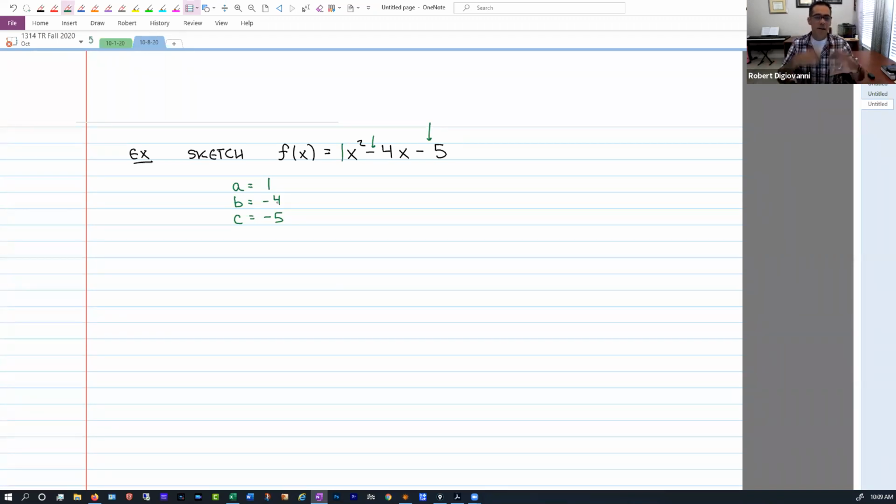Now we need a process. Okay, we need a set of steps to follow in order to get this sketch going. All right. So here are the steps. I'm going to write the steps on the side, and then we are going to use those steps to do this problem. So steps to sketch quadratics, or if you'd like, you can call them parabolas.